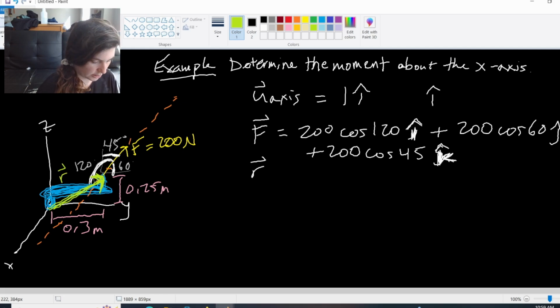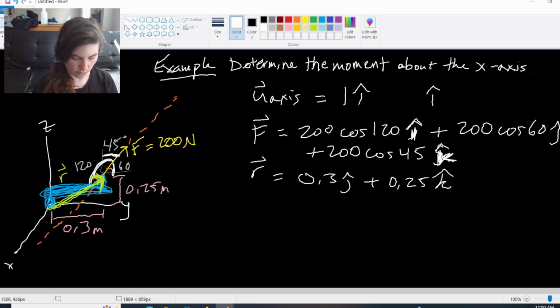So this green vector here is my R vector, and I have those distances, so my R vector is 0.3 j hat plus 0.25 k hat in the Z direction. These are given in meters, the force was given in newtons, and the unit vector has no units because it represents a unit of 1 with no dimensions attached to it.